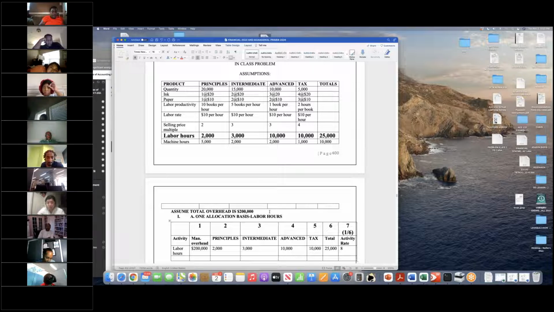I got 63.6, and then the selling price I got 190.8 for the intermediate. Anybody else got anything?